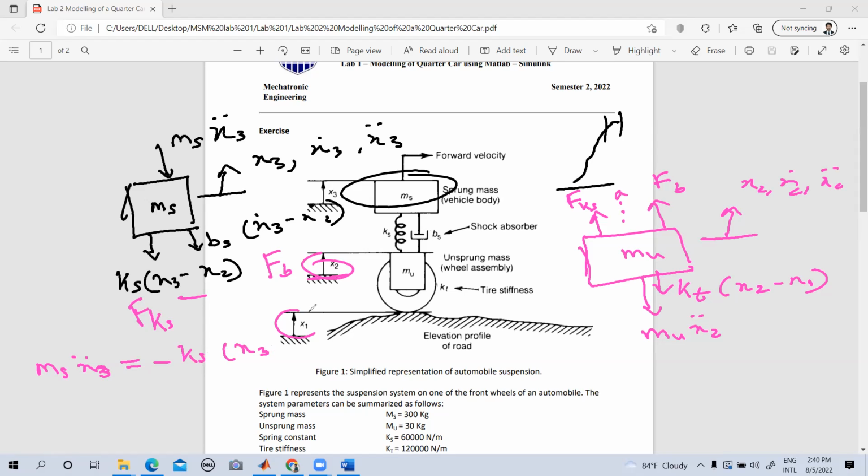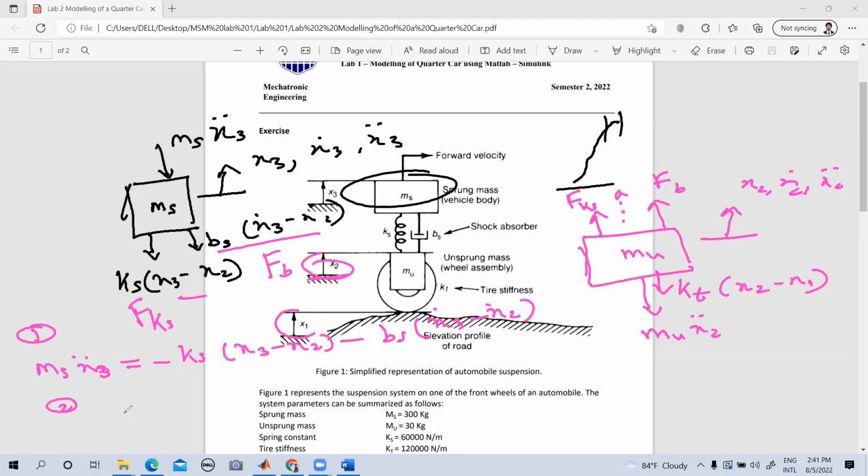So in this case, we'll assume x3 minus x2, minus bs times x3 dot minus x2 dot. So I simply got the force differences. There's no external force acting here, but there's this one. And this is equation 1.